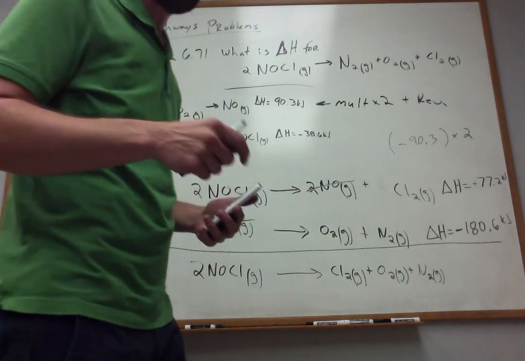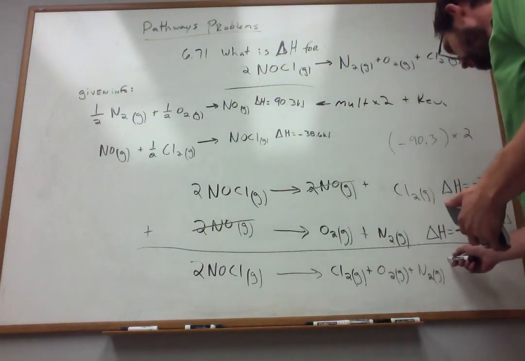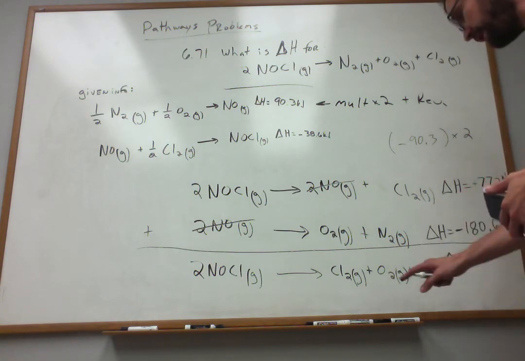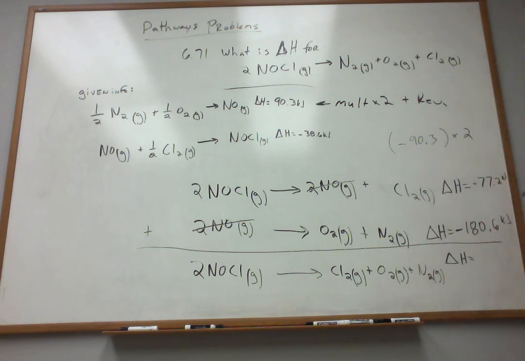And what Hess's law tells me is that if I want to know my delta H value for this reaction, all I need to do is sum together the delta H of the individual processes.